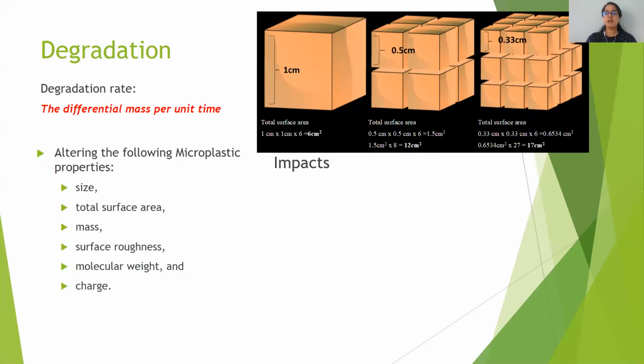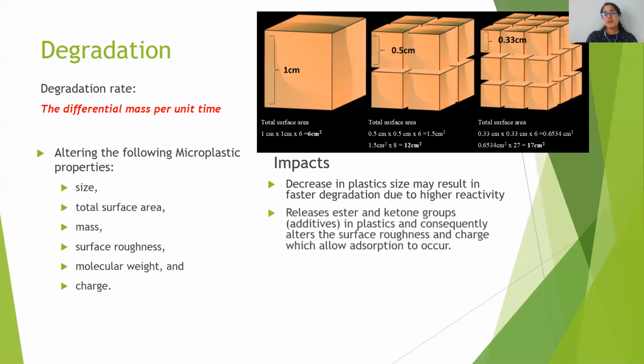According to studies, the impact of degradation is that a decrease in plastic size will result in faster degradation due to higher reactivity. As it degrades, it also releases ketone groups and ester groups, which are additives in the plastics, and it alters the surface roughness and changes the charge of that particle, which now allows adsorption to occur.